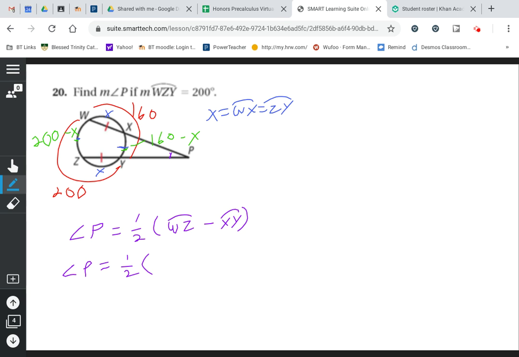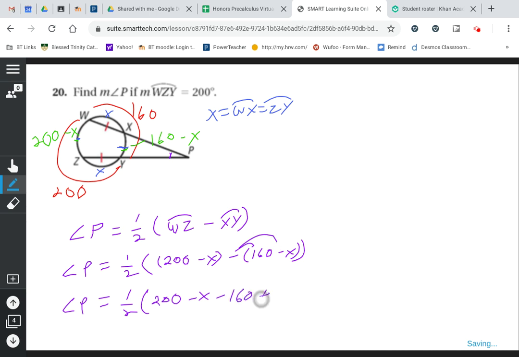In the first part, WZ is 200 minus X, minus, and notice I'm putting in parentheses because I'm substituting, 160 minus X. So angle P equals 1/2 of 200 minus X, distributing the negative, minus 160 plus X. If I combine like terms, this ends up being 1/2 of 40 because my X's subtract out, which ends up being 20. And there's my answer. So all of a sudden, everything went away.